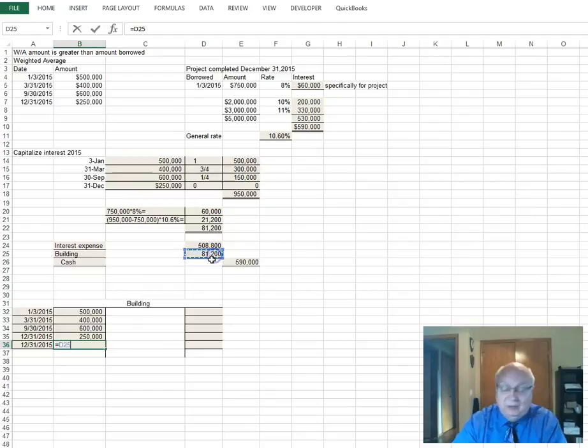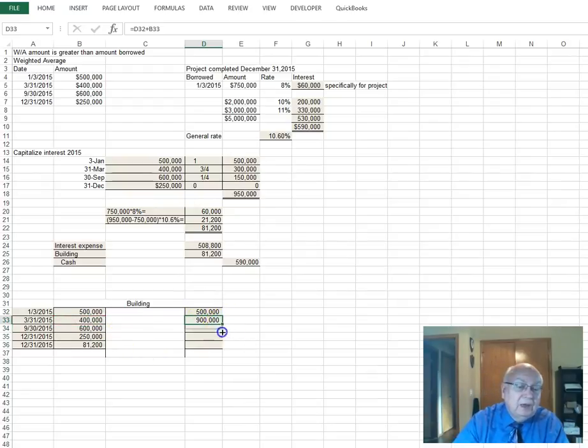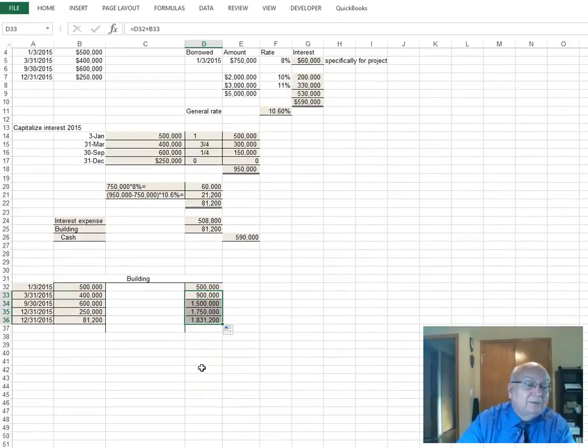And we also have the 81,200 here. And again, we do the same thing for the balance. We have the 500,000, and then we add what we spent and our capitalized interest. And on this one, we would have spent a total of 1,831,200. So this is the amount we would use to capitalize the interest.